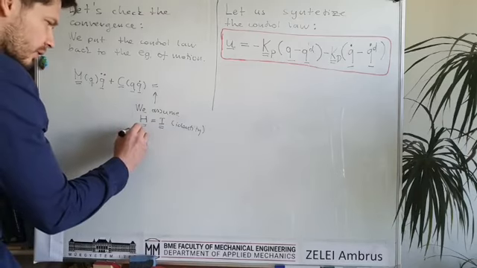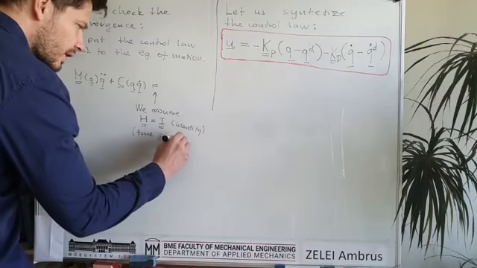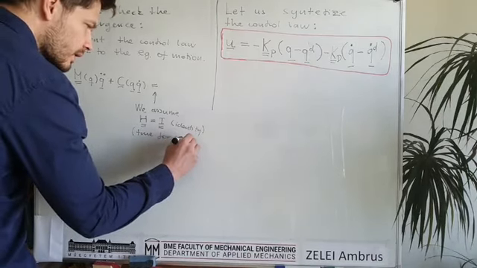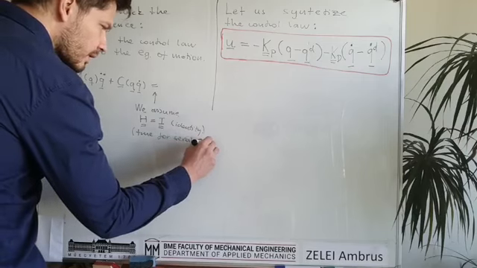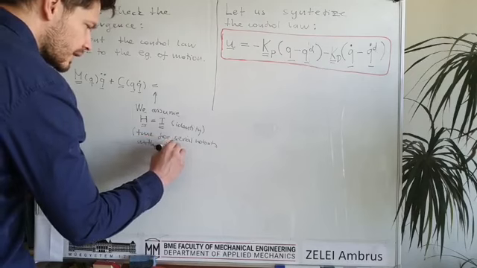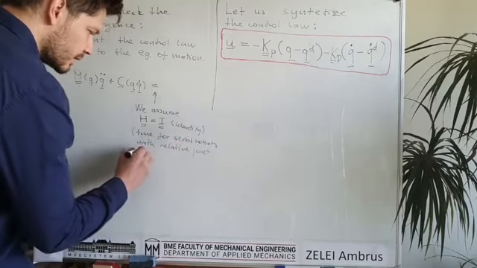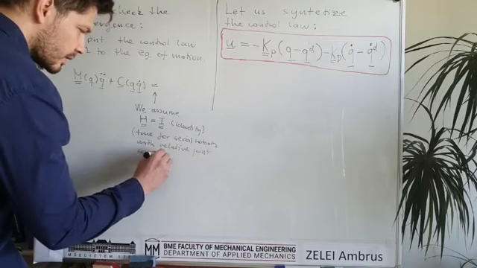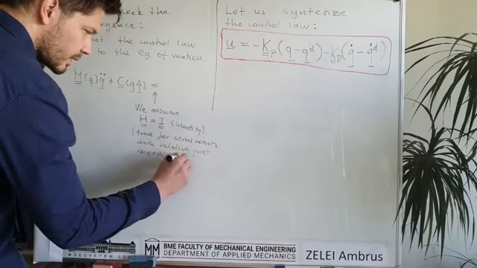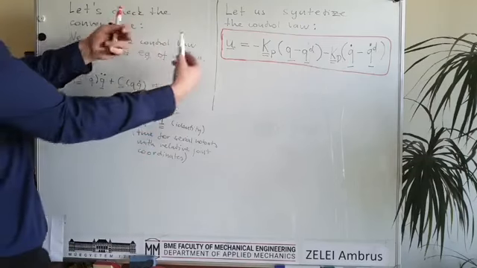Okay, so this is true for serial robots with relative joint coordinates. So we can say that identity matrix times u.